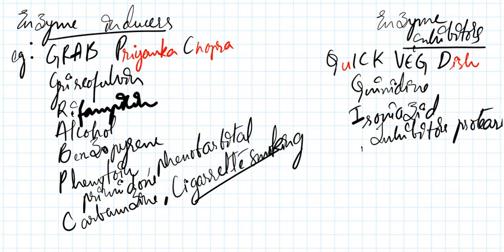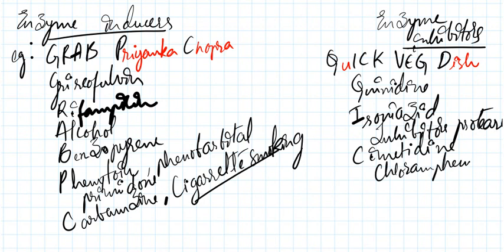Now C, what is that? Cimetidine. And another C is chloramphenicol. Next, ciprofloxacin.